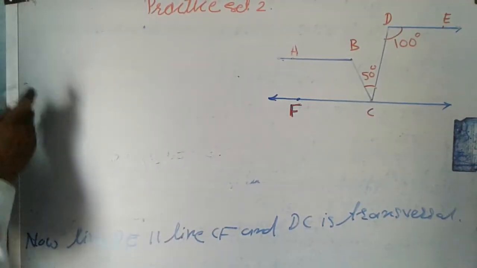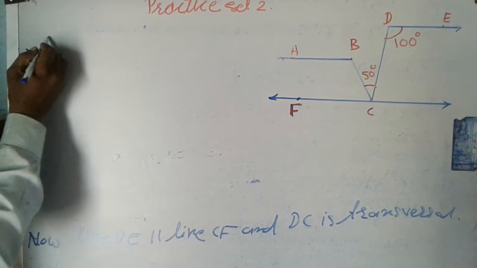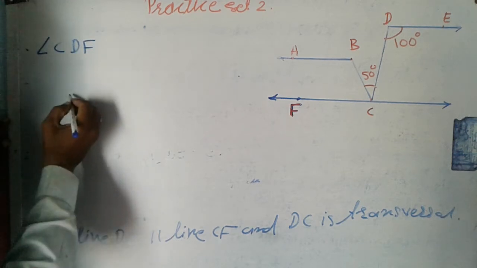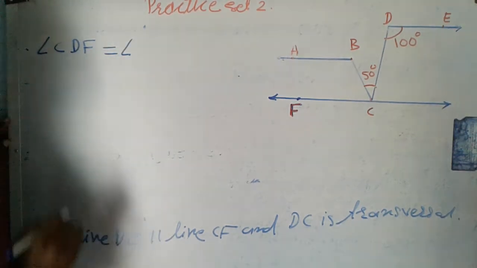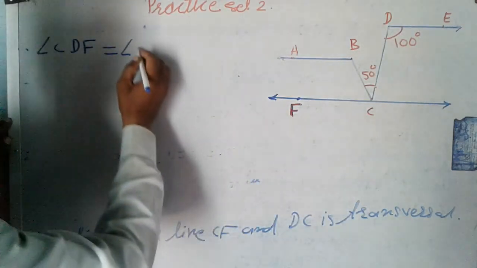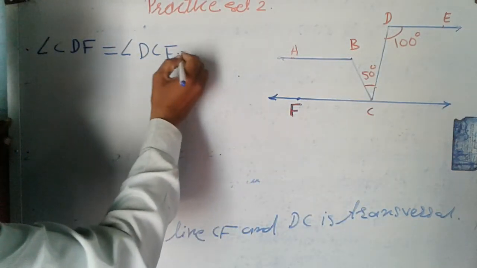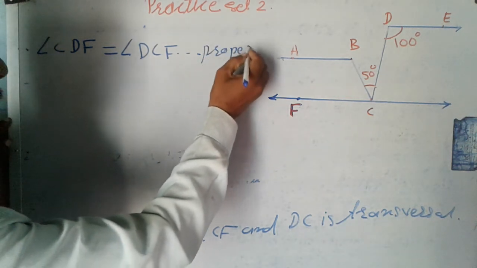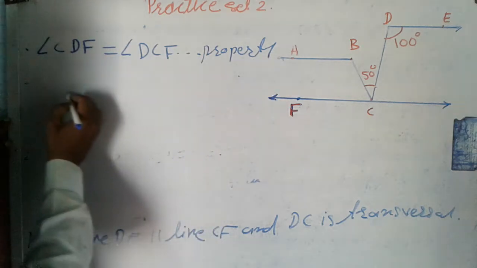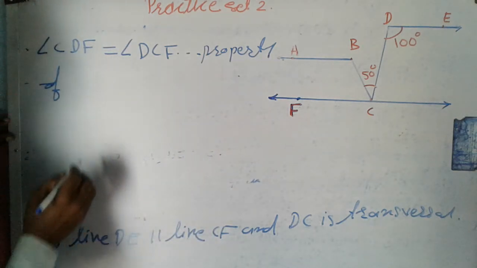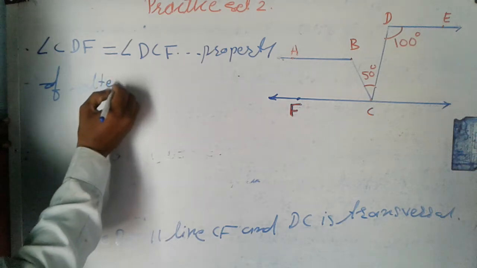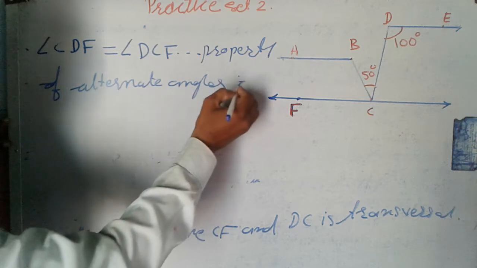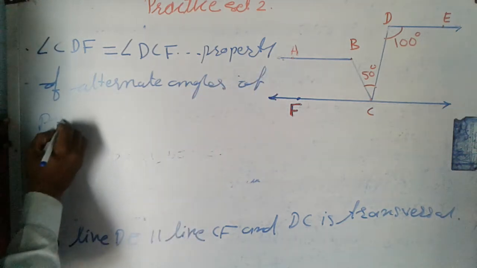Therefore, angle CDE is equal to angle DCF. The reason is the property of alternate angles of parallel lines.